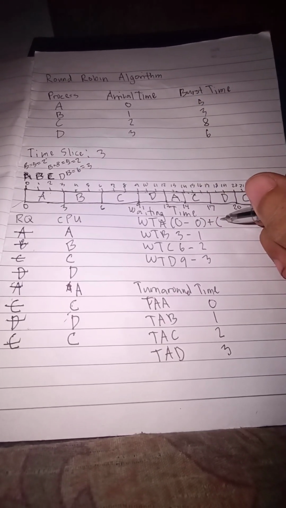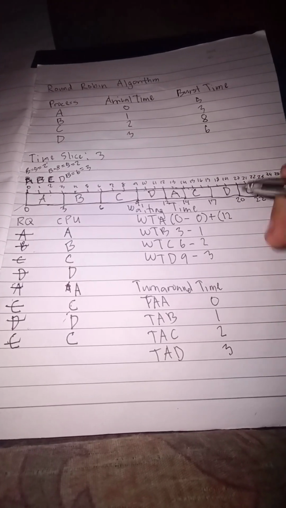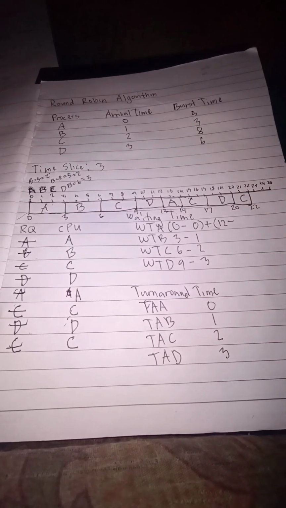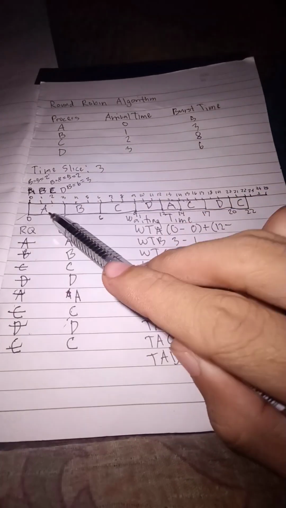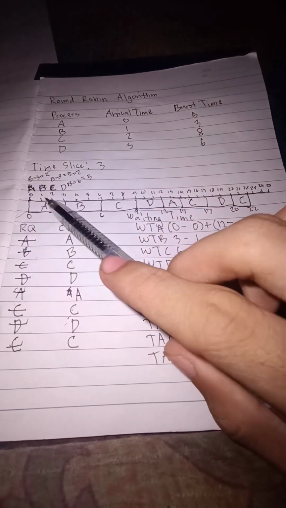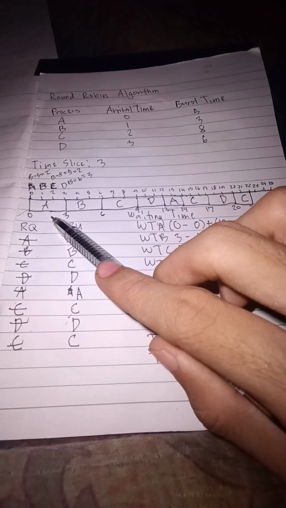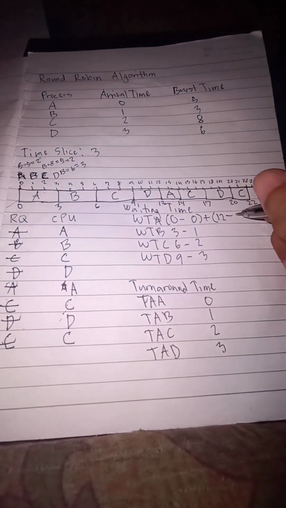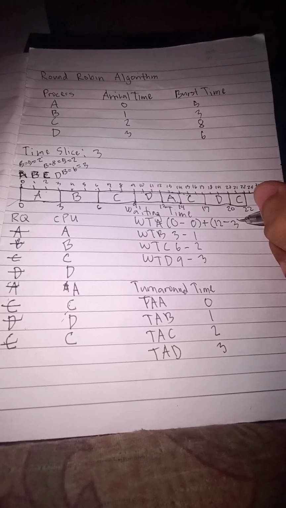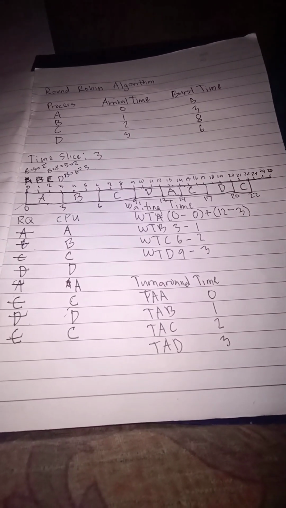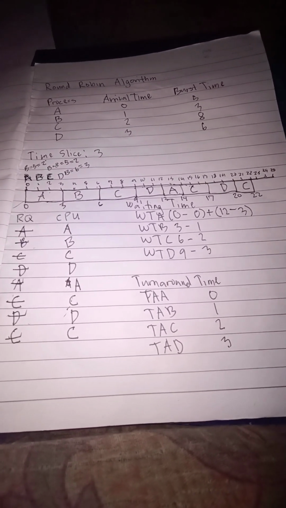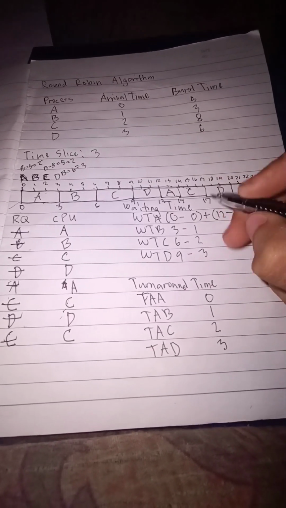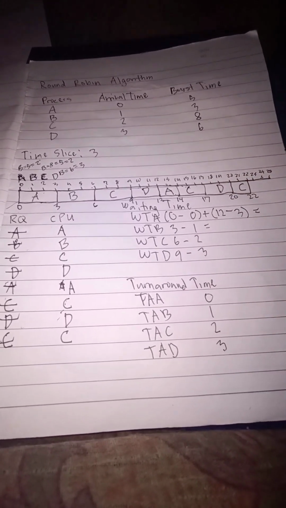So we're just going to put 12 here, and now we're going to minus it to the time that process A ended in the first execution, which is 3. And there you have it. Since B has no second execution, we're just going to equal it.